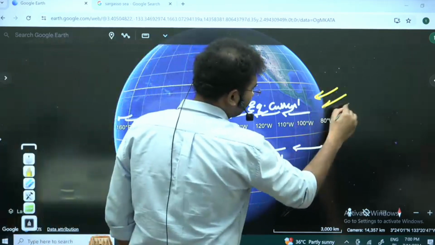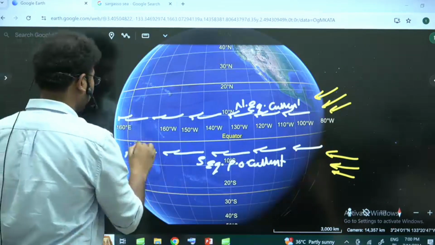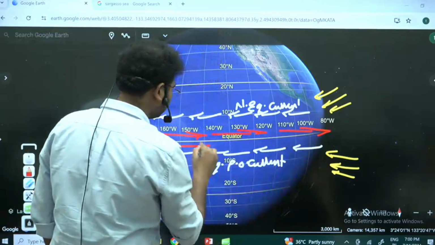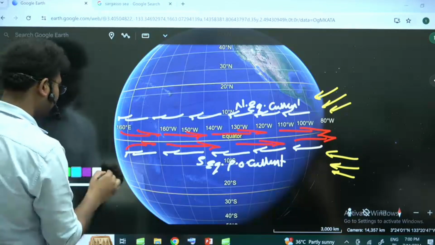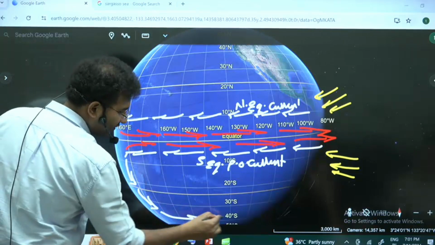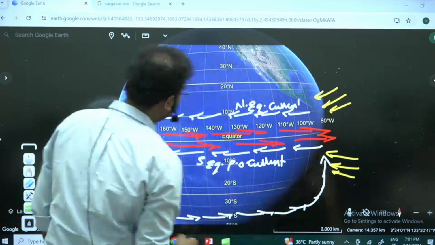And these are also easterly winds. And in between you have counter-equatorial currents on either side, which are moving in the opposite direction. Next. This water tries to move towards the south, and again you have the west wind drift. So this is how the circulation happens.